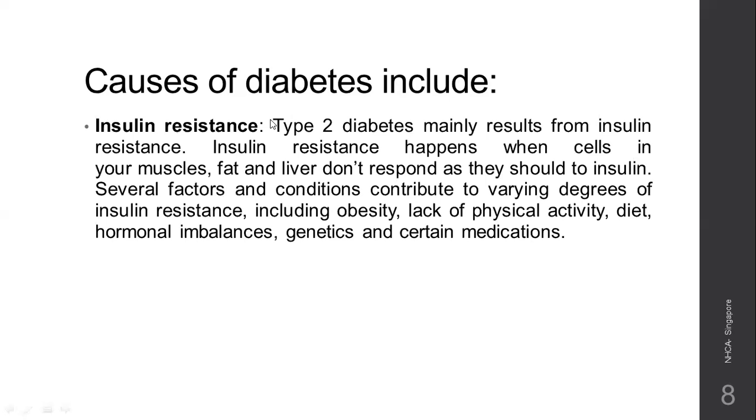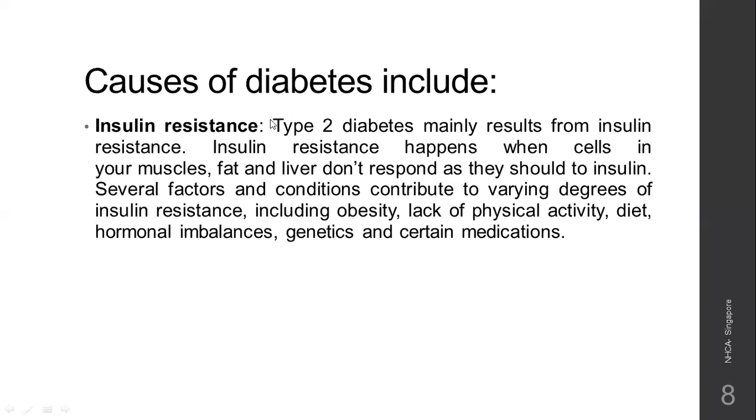So the first cause is insulin resistance. Type 2 diabetes usually starts with insulin resistance. Here, because of high blood glucose levels, high levels of insulin are also getting released into your bloodstream.